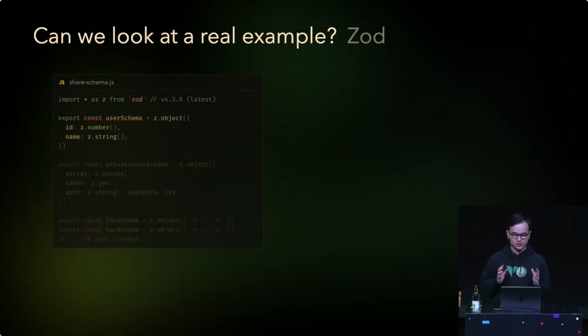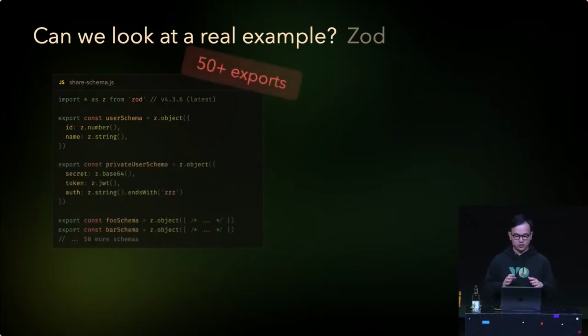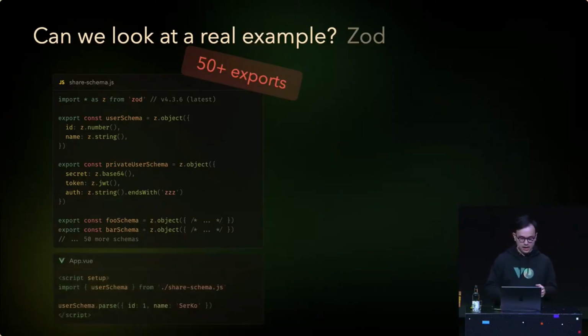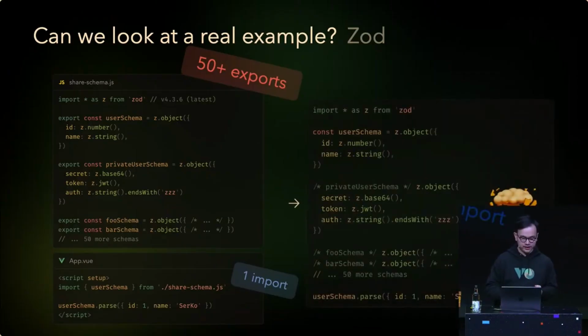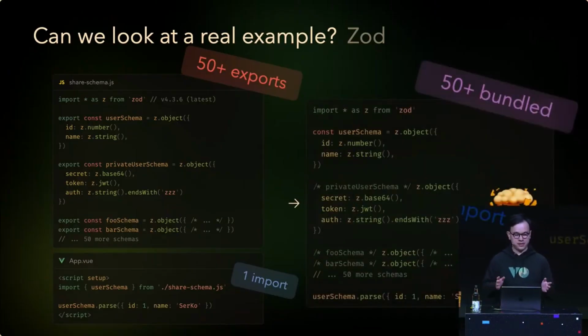So now imagine you define your user schema with Zod, and in some files, you also define 50 other schemas. Some of them may be for the backend only. And in your front end, you only import and use that single user schema. When you bundle, you'll find all 50 schemas end up bundled.